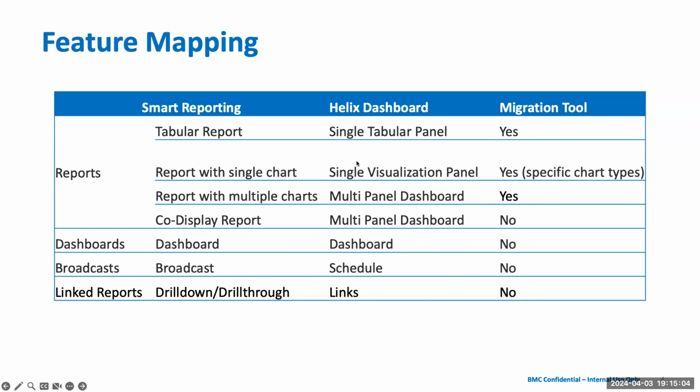But understanding usage of these features will give an idea what part of it can be done by the tool, and what cannot be done by the tool. And there are other scenarios and considerations which we need to think about when we are doing the analysis and deciding whether we'll use the migration tool for these reports or not. I'll talk a little more about that in later slides.